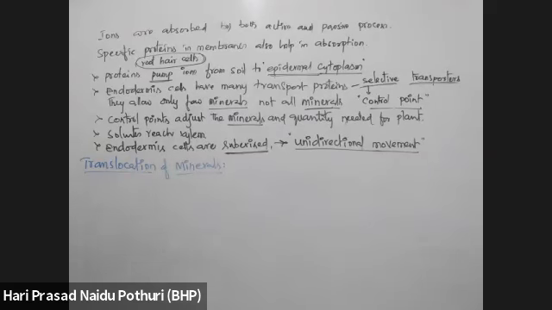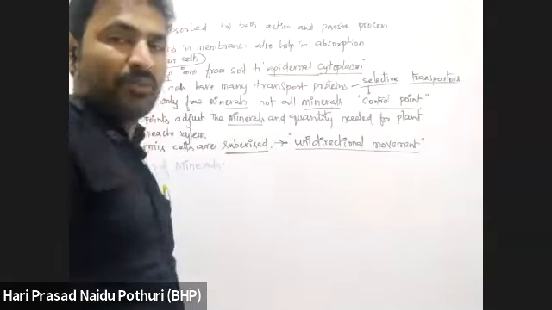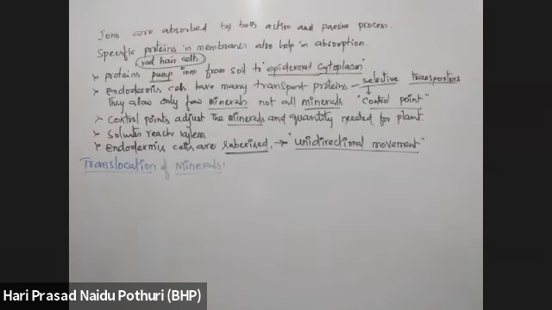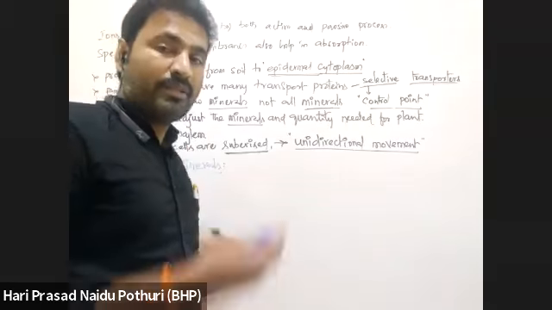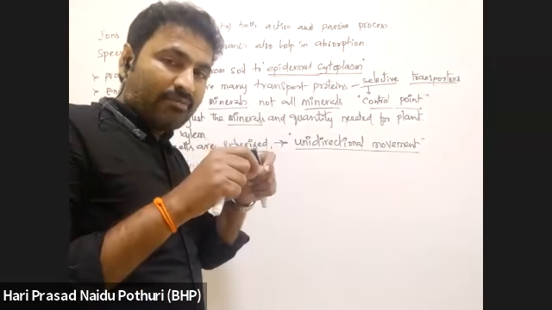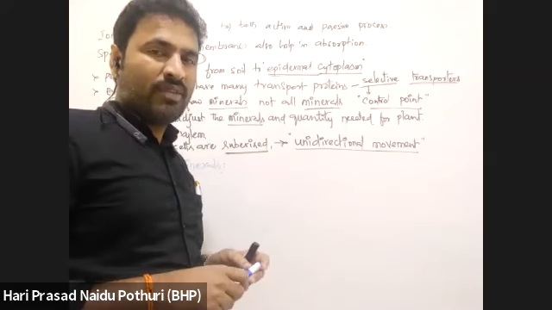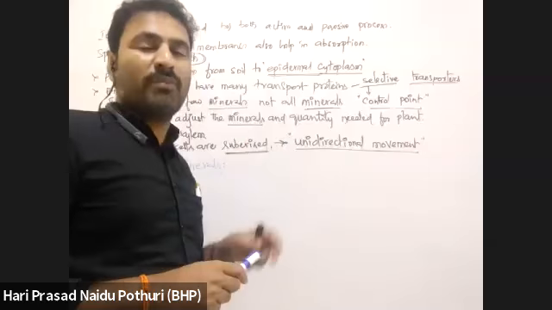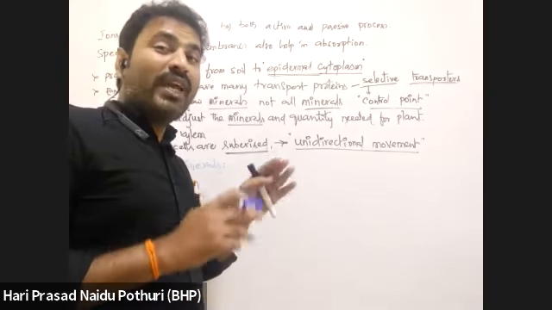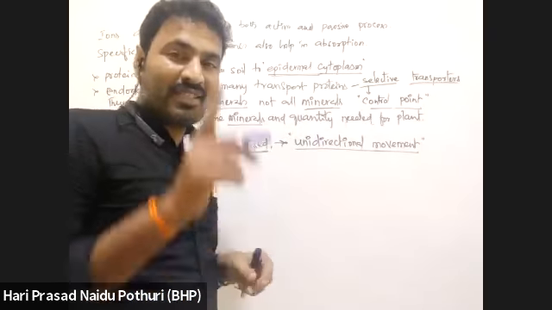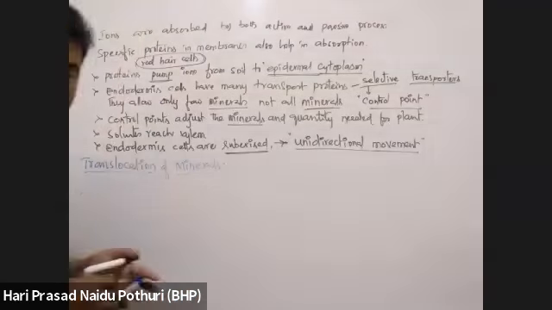Translocation is a process of long distance transport. Long distance transport means taking a substance or mineral from one place to another. Where it is taken from is called the source. Suppose the root is a source for minerals. To where it is carried is called the sink.